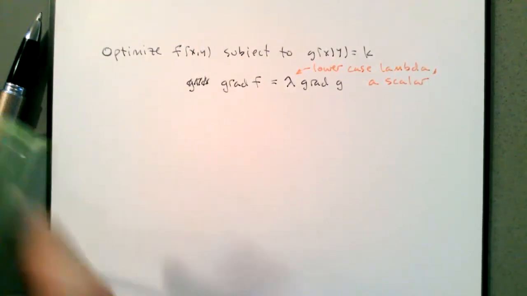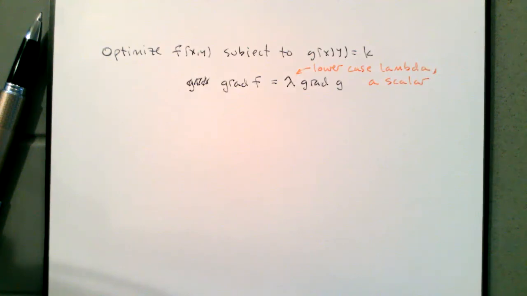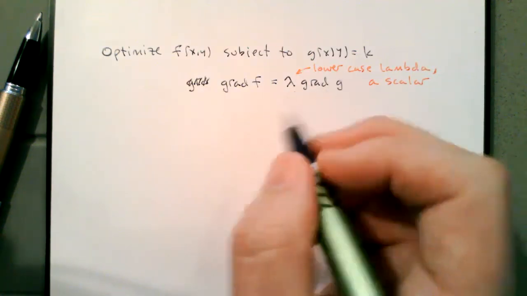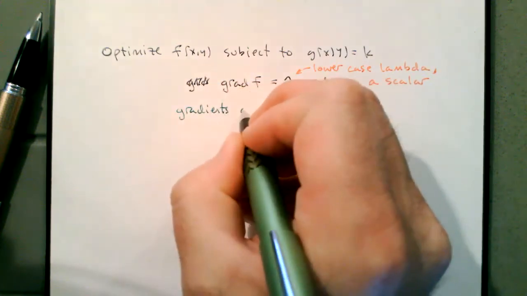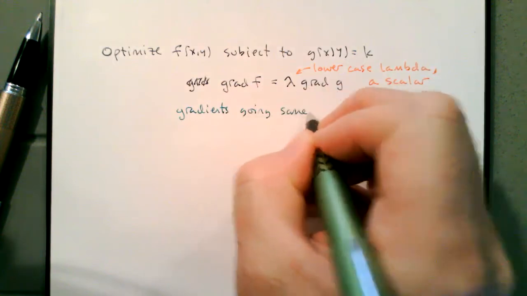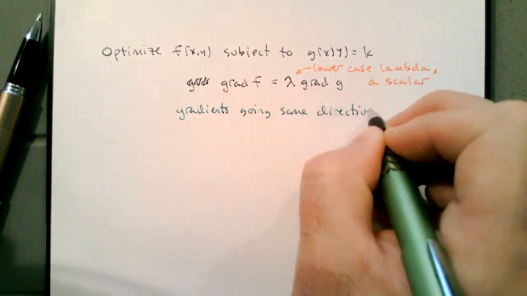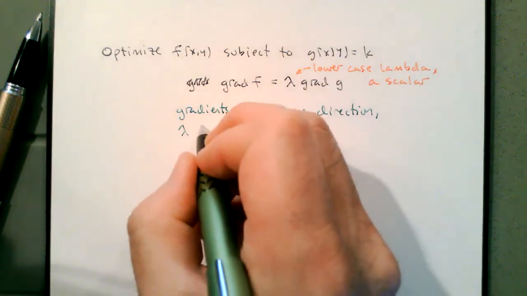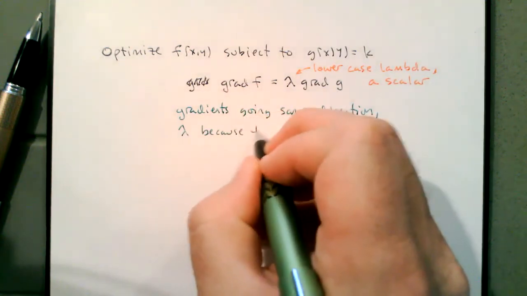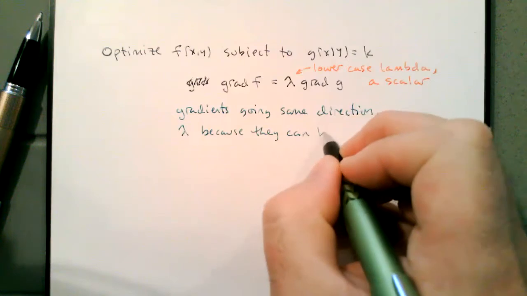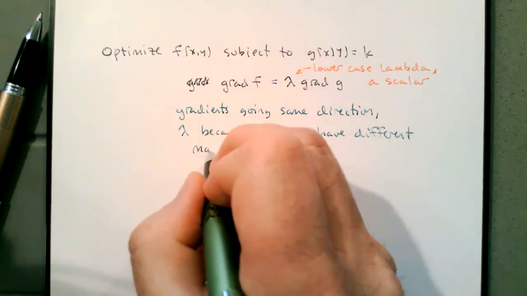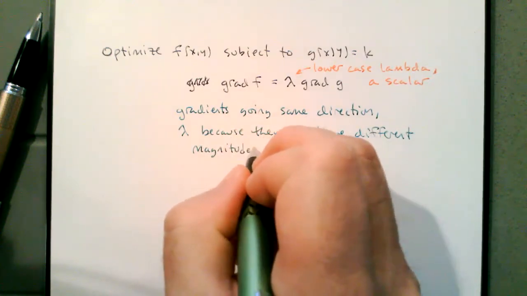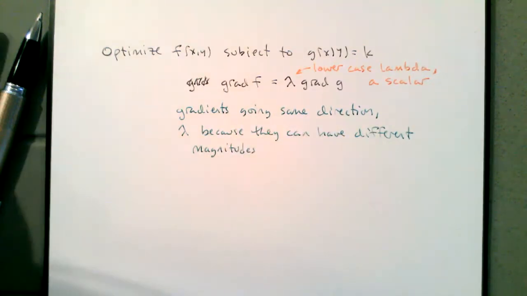This is just requiring that the gradient of f and the gradient of g, both vectors, are going in the same direction, but they can have different magnitudes. So I multiply by a scalar.